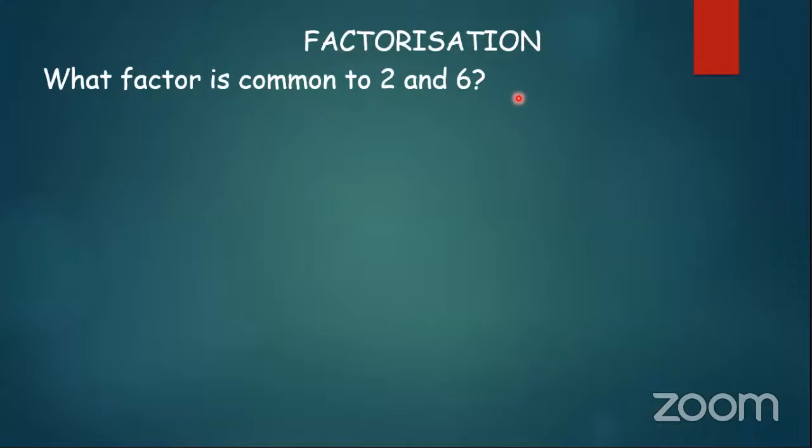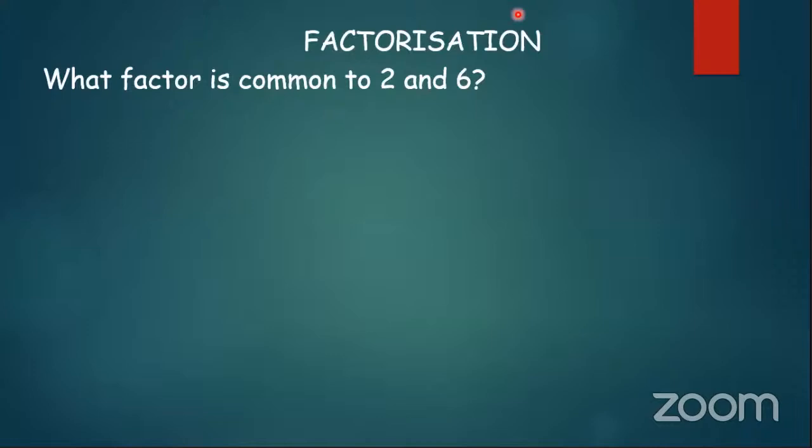Here, for the common factor, we need a number that is going to divide the 2 and also divide the 6. So a same number: 2 divided by that number, then 6 divided by that same number.